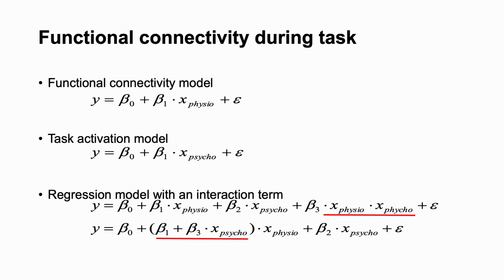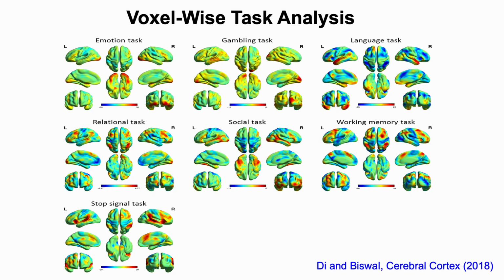And so we are using a regression model with the interaction term. So this is the 6 block design task from the Human Connectome Project, and the stop signal is an event-related task from the UCLA group, which is available on OpenNeuro.